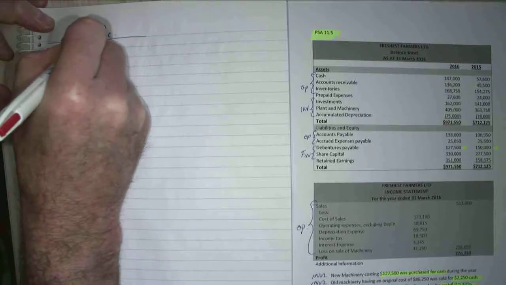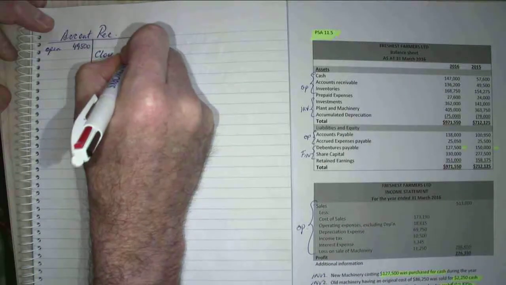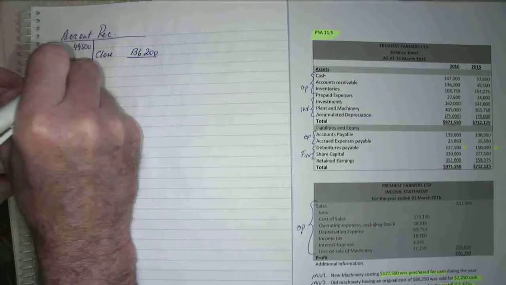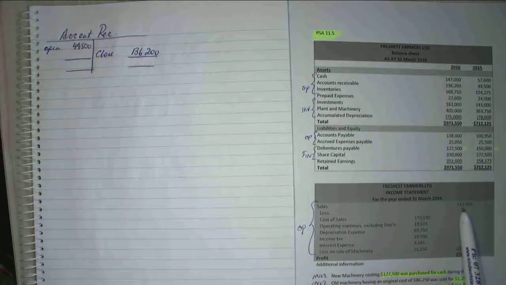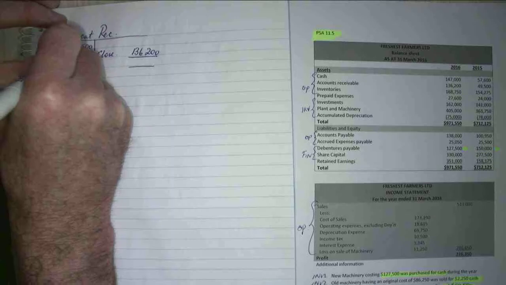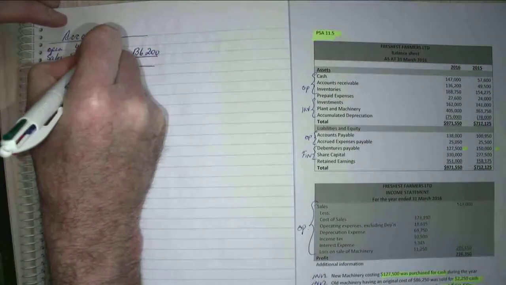So my opening on my debit side was $49,500 and my closing was $136,250. Now what increases my accounts receivable is my sales. So I've got sales down here of $513,000.